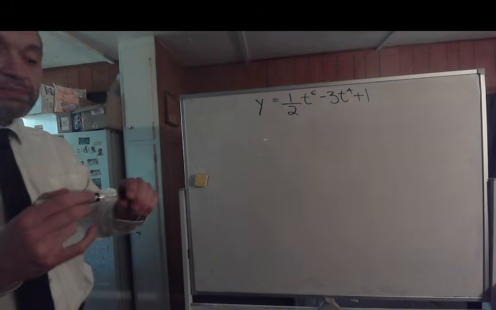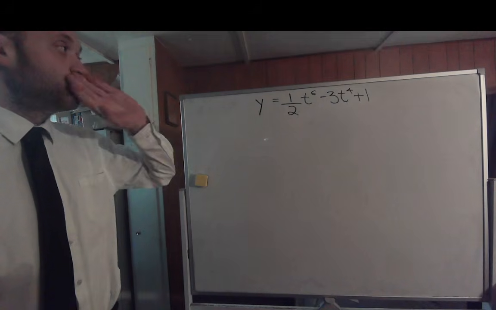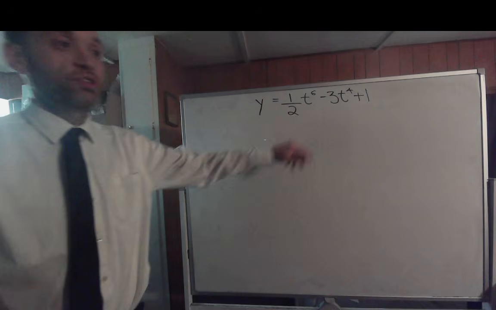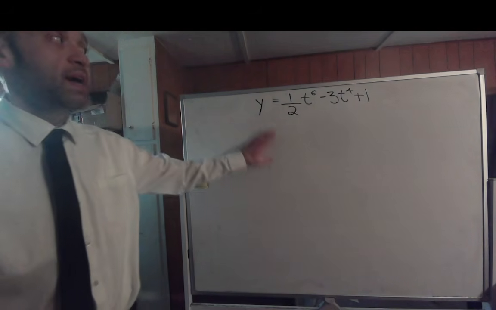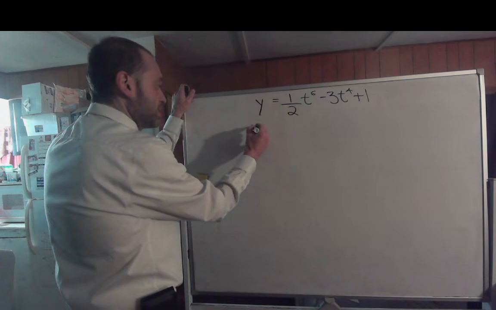Y is the same as f of t, of course. Well, that's fine. It doesn't matter what variables you use, as long as you know that y is the function of t. Let's use the y prime notation again.